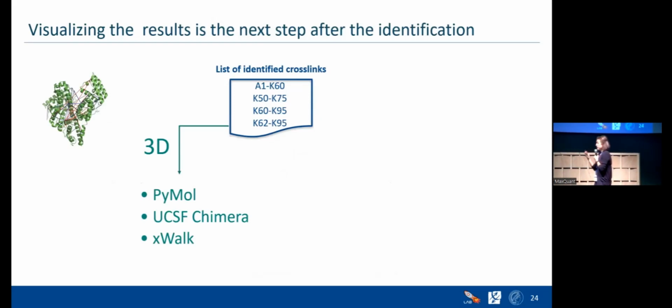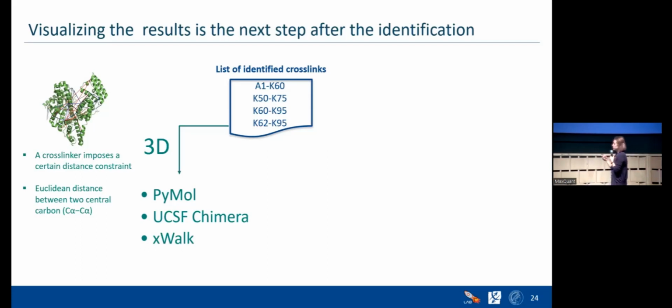If I have some structure available, I can check the 3D version. I can go to PyMOL, or Chimera, or some other program, and see how these crosslinked residues sit structure-wise. It's important that the crosslinker imposes some distance, and as I mentioned before, this distance is because of the carbon chain, and we know how much it can expand.